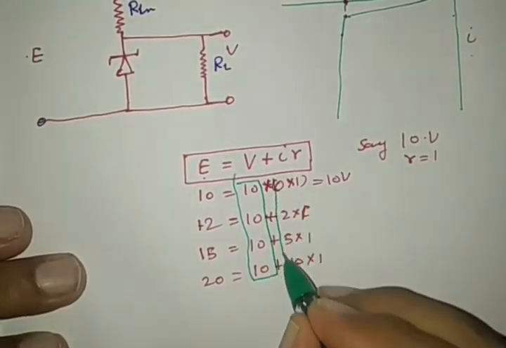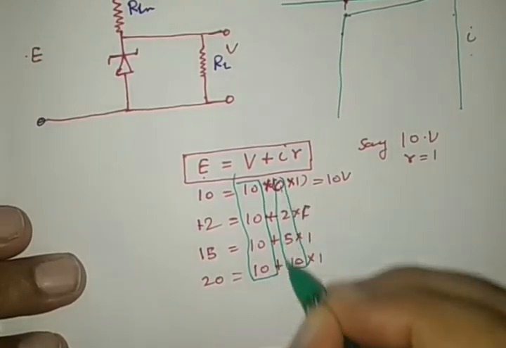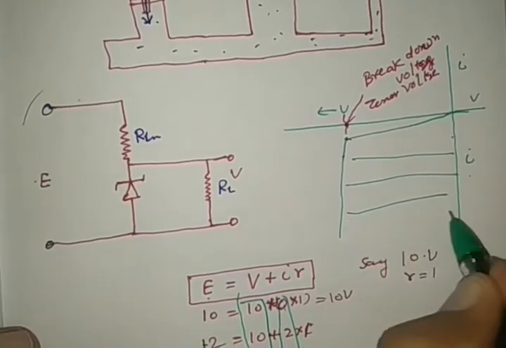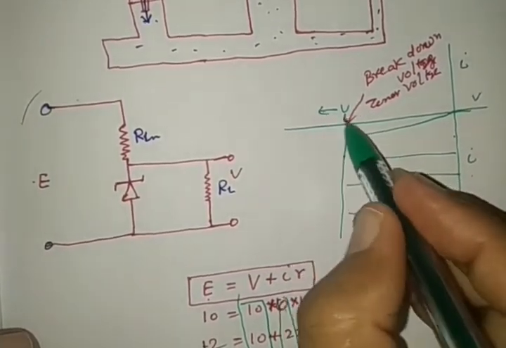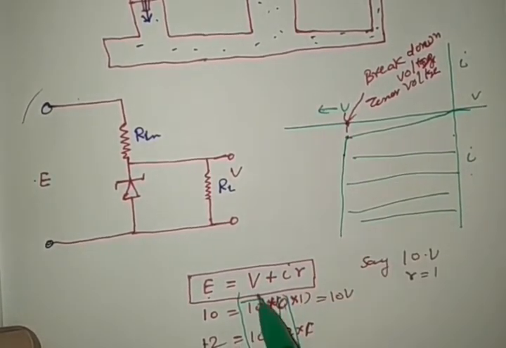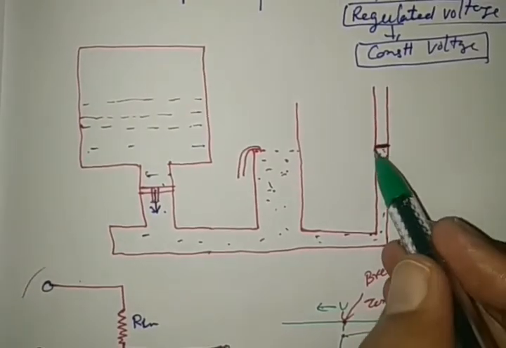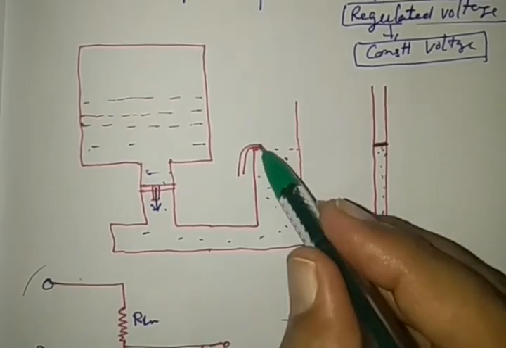What increases? Current. It increases the current, but the voltage remains the same. So it's a voltage regulator. In this way, like regulating water, the extra water falls down.